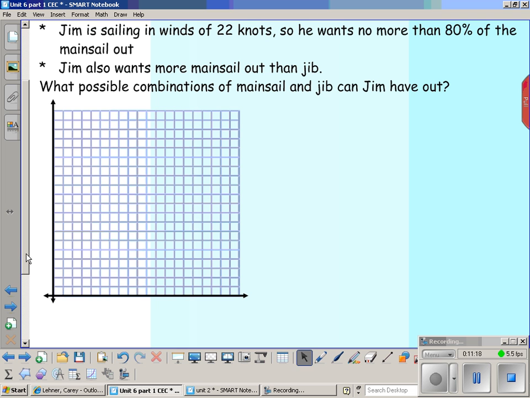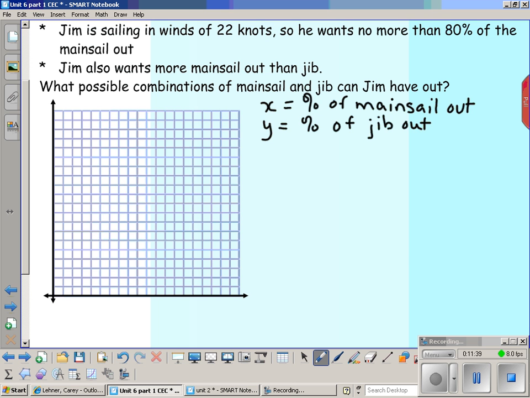So what we have to do here is, again, assign variables. So maybe we pick X to represent the percent of mainsail that's out, and Y can represent the percent of jib that is out. Now again, we need to think here. We're thinking about percentages. What kind of values can we have?